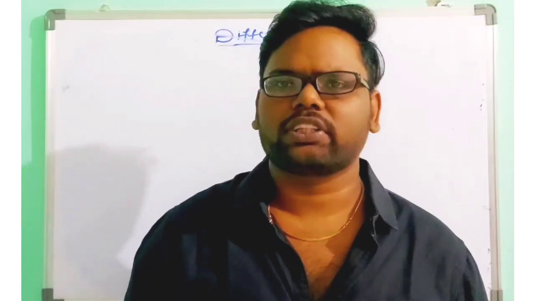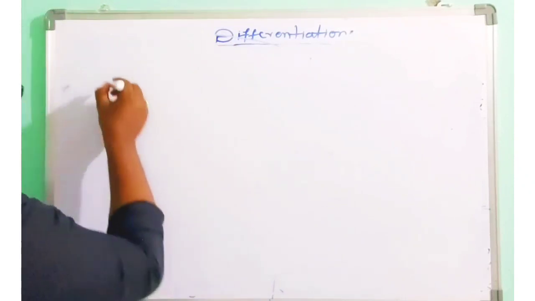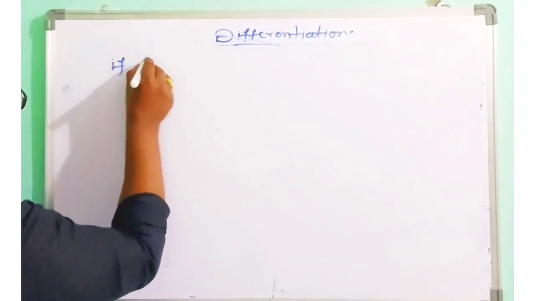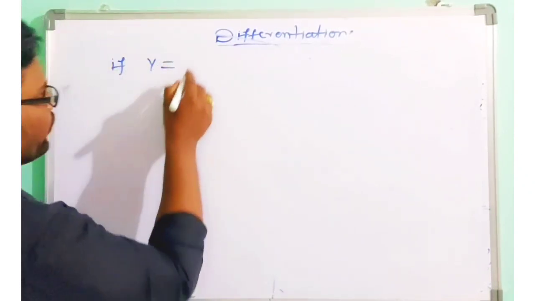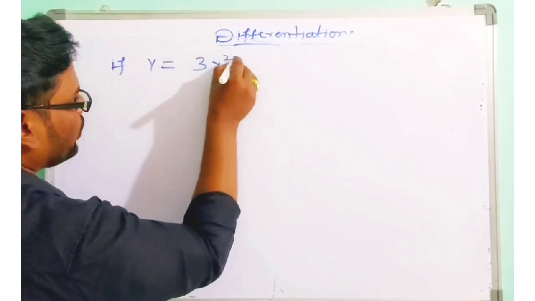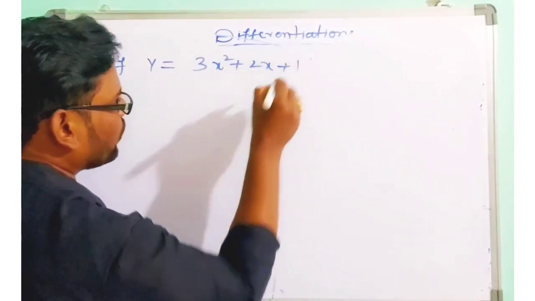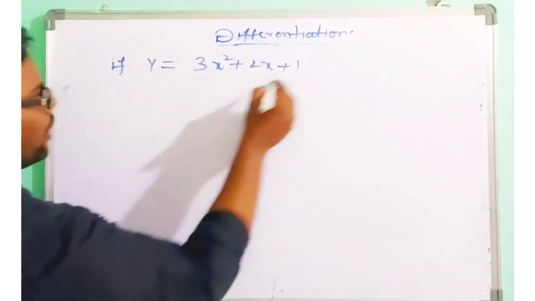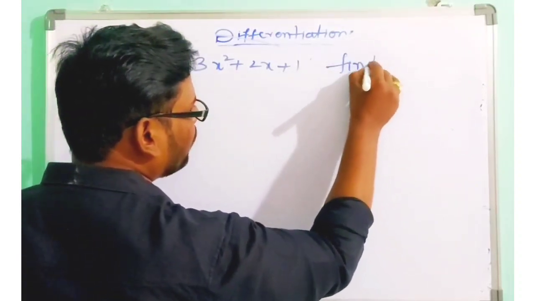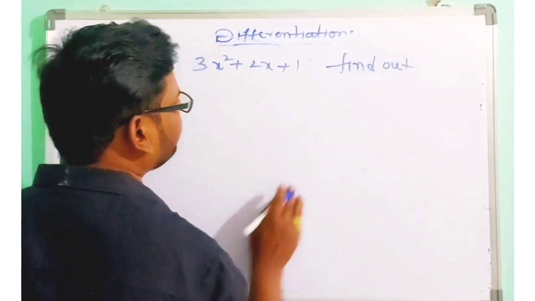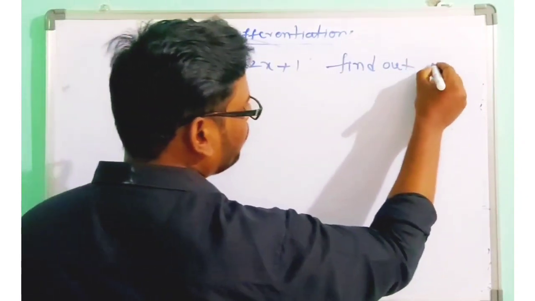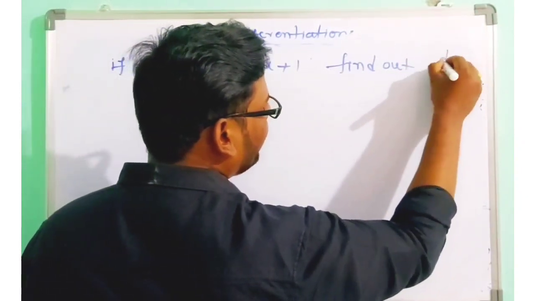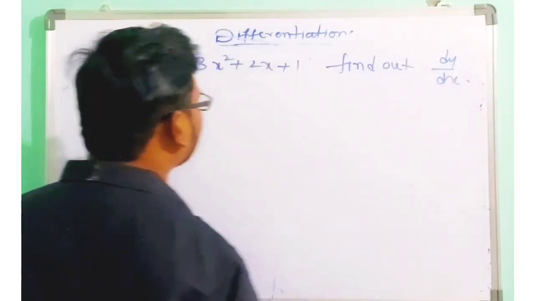So let me take some examples. If y is equal to 3x square plus 2x plus 1, like that they have given, find out dy by dx.